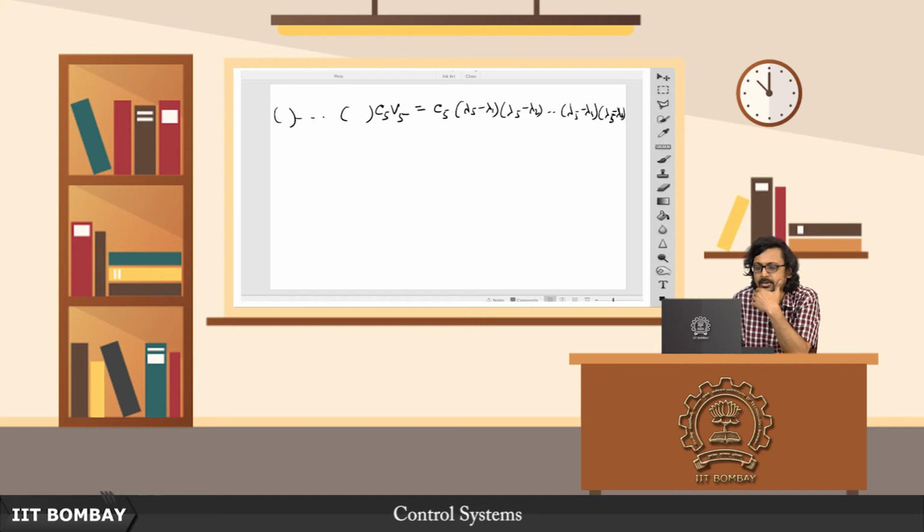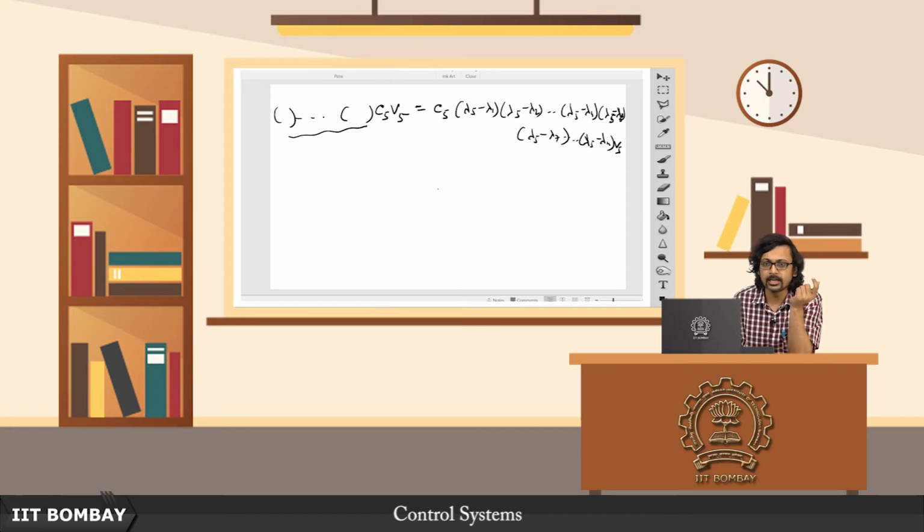Lambda 5 minus lambda 5 is missing, because A minus lambda 5 I is missing in this product here, so it does not occur. Then you get lambda 5 minus lambda 7 and so on till you get (lambda 5 minus lambda n) times V5.